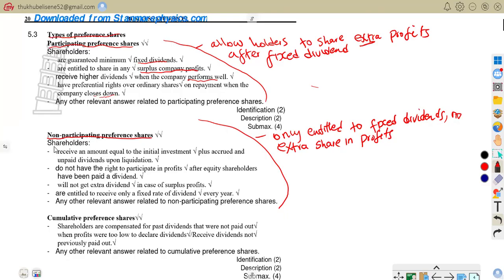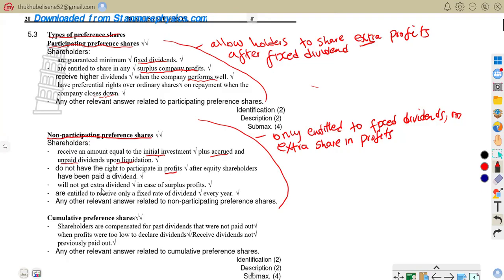So here are the points that we are giving. Shareholders receive an amount equal to the initial investment plus accrued and unpaid dividends upon liquidation. That is that. They do not have the right to participate in profits, like we have said, after the equity shareholders have been paid a dividend. So as you know, they are only entitled to fixed dividends.